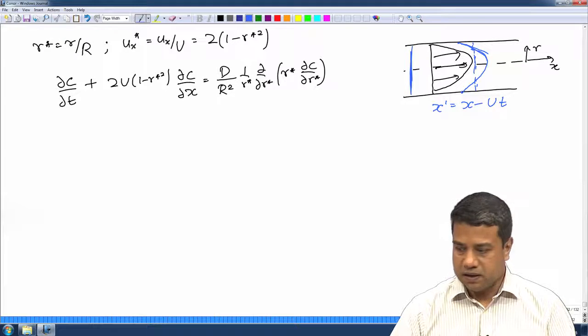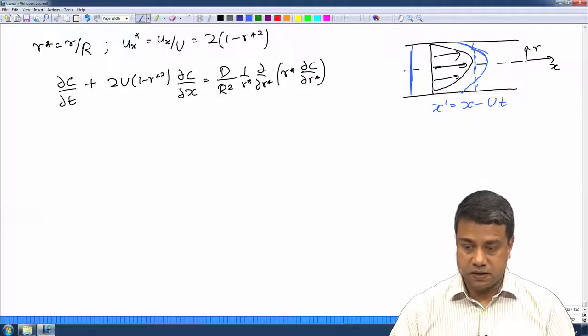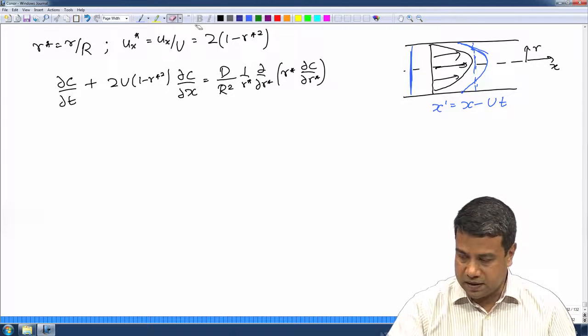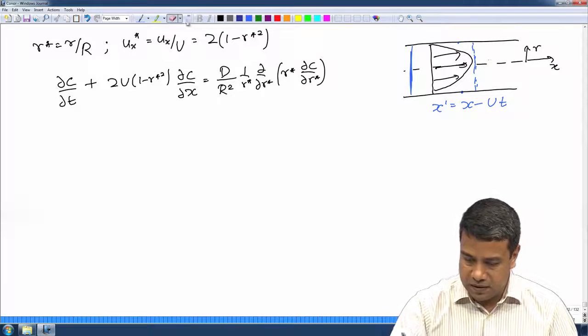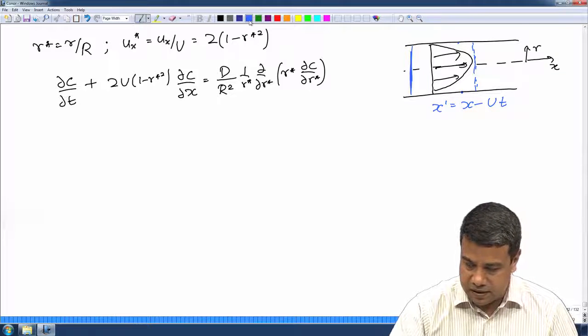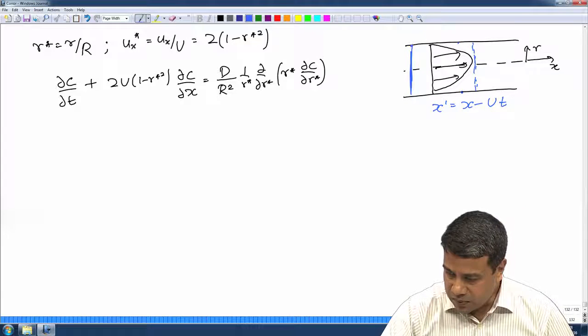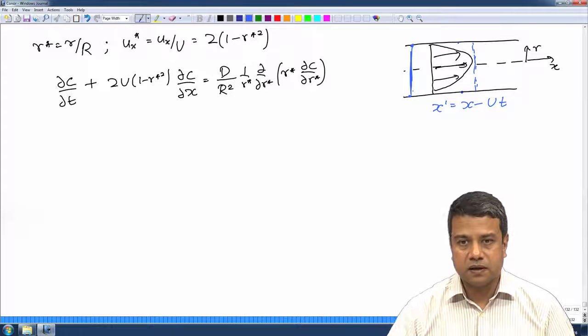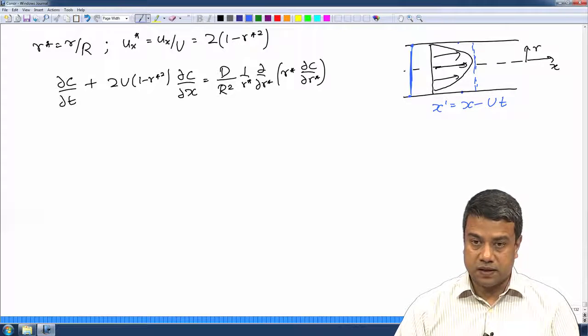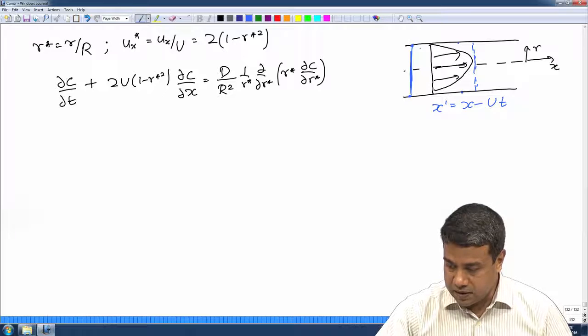The distortion is actually quite large. I have drawn it here like this, but if you actually draw the distortion, it is quite large, because these points are not moving, they have 0 velocity. The walls of the pipe have 0 velocity. So, with time the distortion looks something like this.